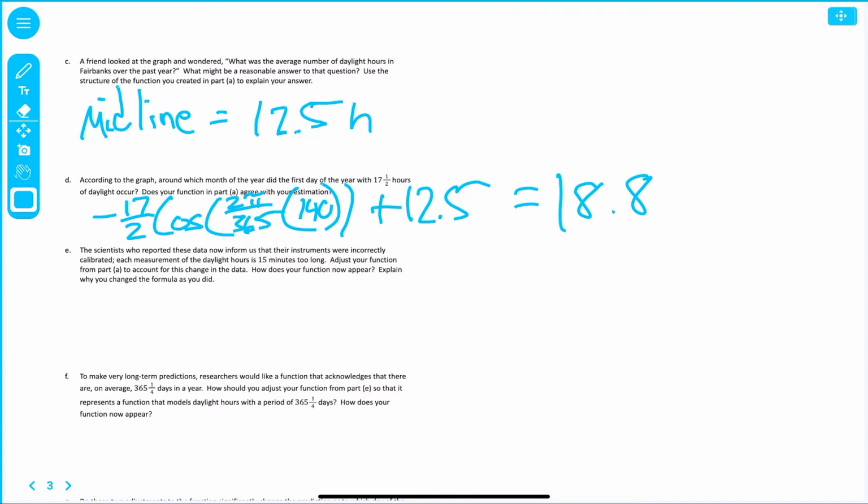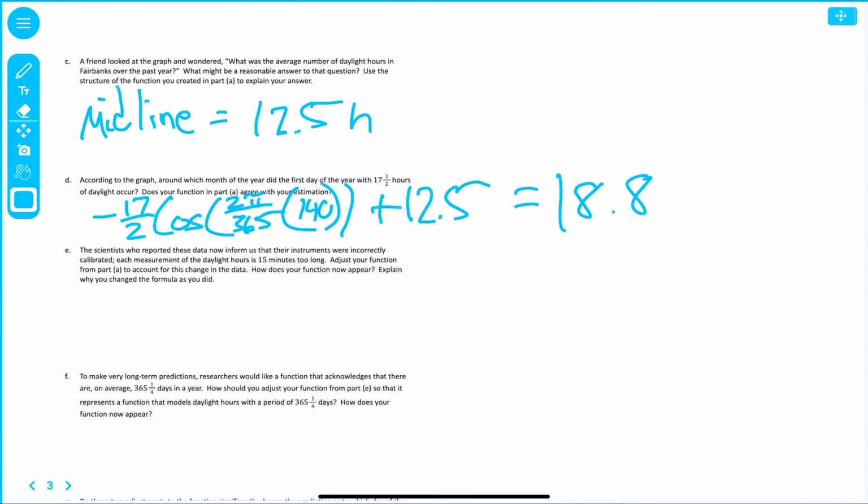For the 140th day, because that's what we guessed, it would have been 18.8 hours of sunlight. That's what it's telling us. So we're a little high on our estimate of 140. It's probably closer to 125, probably.